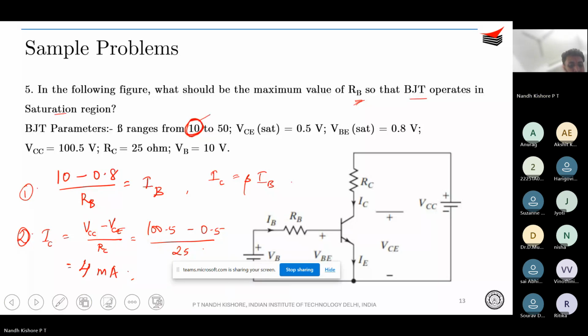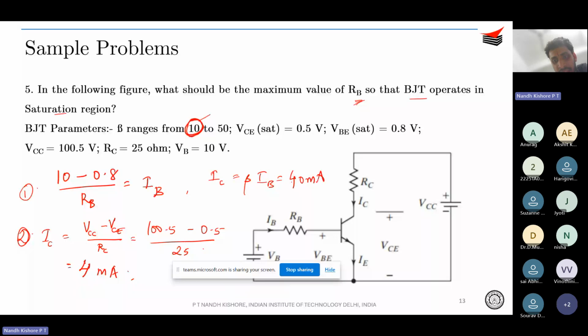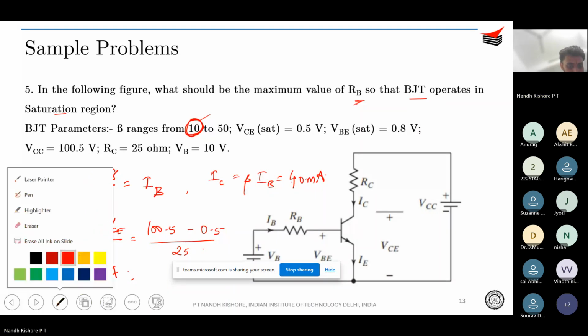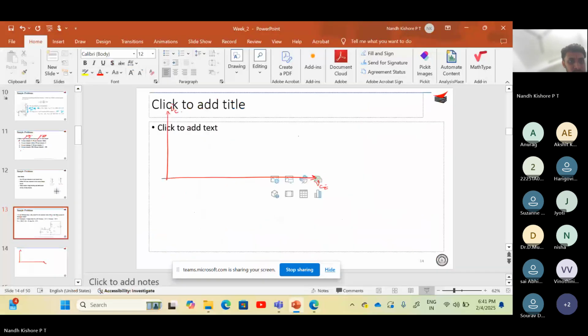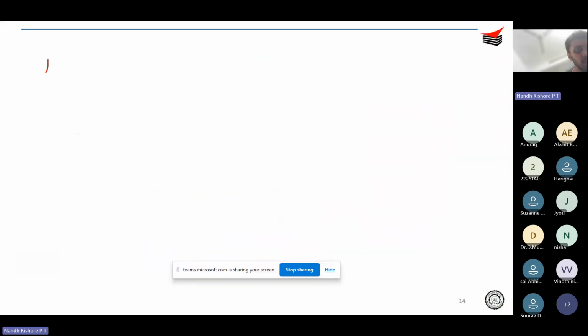So you substitute that over here: IC is equal to beta times IB. As I told, beta should be 10. So your IB is going to be IC by beta.